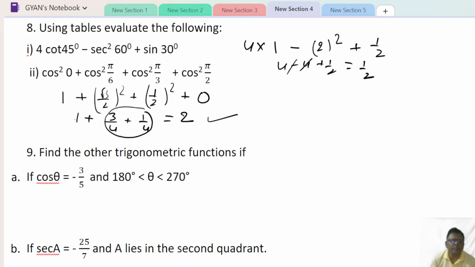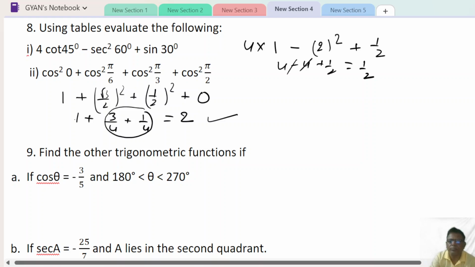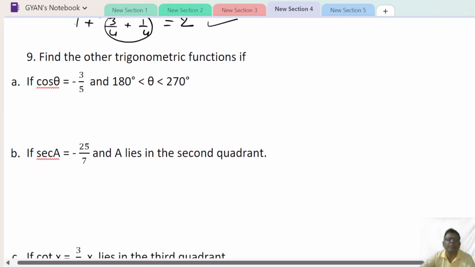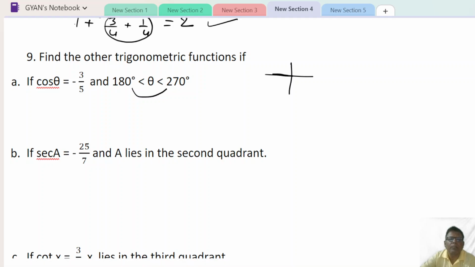Now come to the ninth question. Find the other trigonometrical functions if cos theta is minus 3 by 5 and theta is lying in the third quadrant. In the third quadrant, base is negative, height is also negative, and the hypotenuse is always positive.